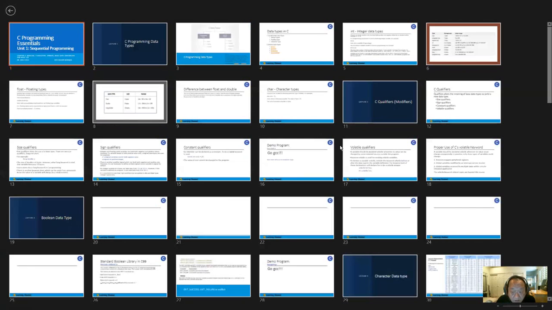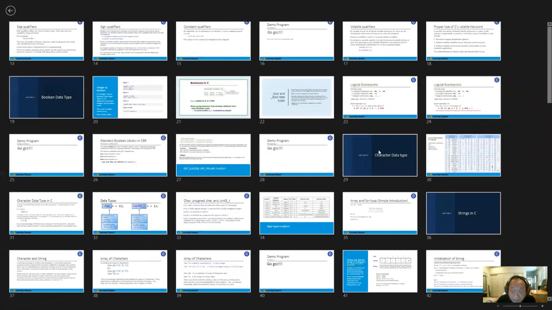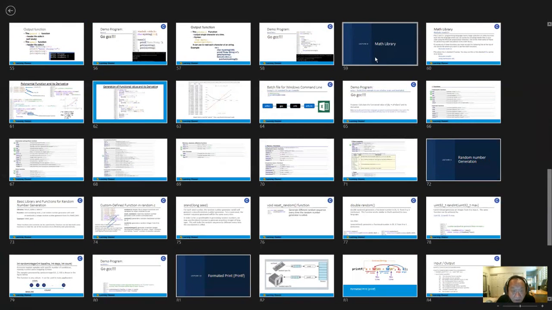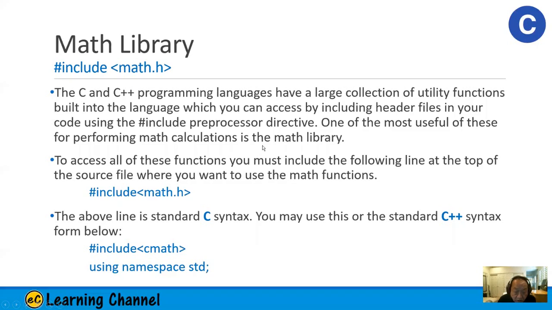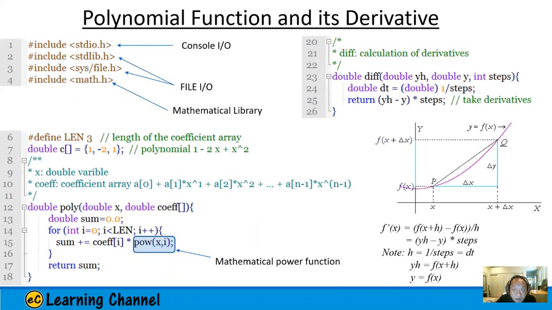Now the next one. Right here, we are at the math library. And then the next one is this polynomial function. Let's read this first. This one actually includes stdio, that's the console IO. The std library has many different default libraries.